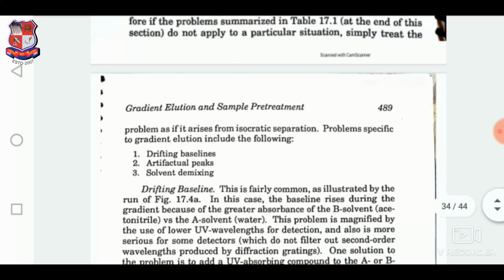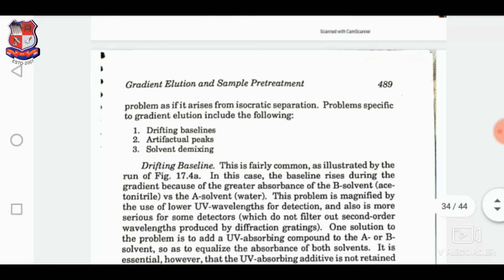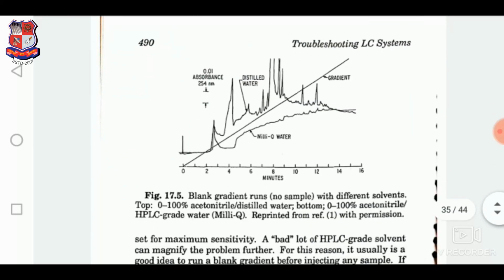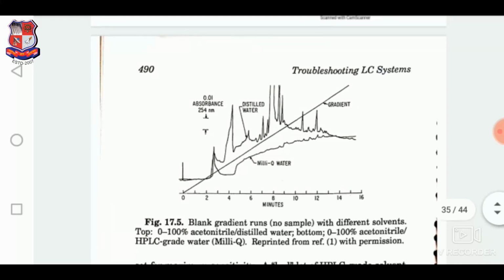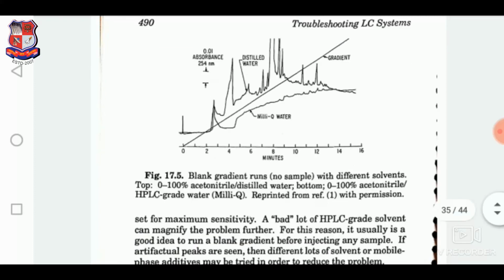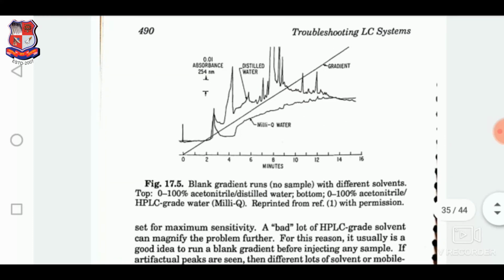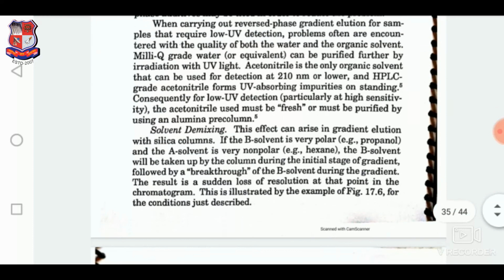First one is a drifting baseline, artificial peaks, and solvent demixing. So what is that? Here there's some other graph, that is blank gradient runs with different solvents. Here you can see the different graph is obtained.